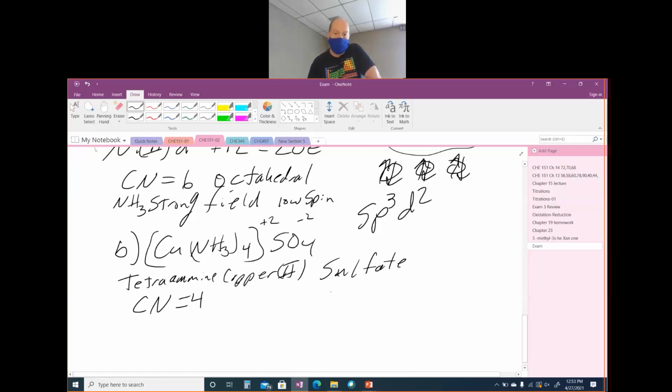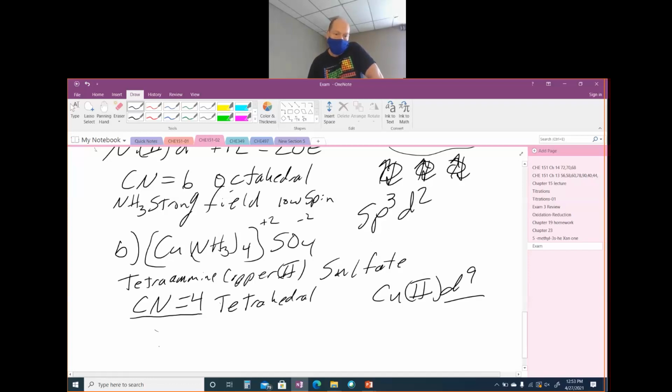So now when we look at our copper 2, we already did a copper 2 before, a copper 2, 11 is above the copper, so copper 2 is D9, and so it is not D8. If you have a coordination number of 4 and you are not D8, then you are always going to be tetrahedral.